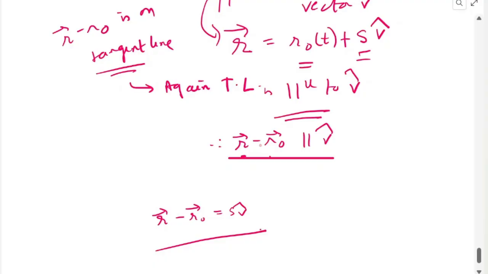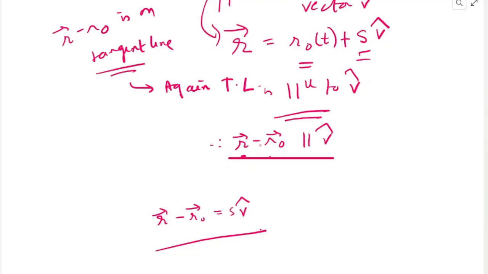This will give you the equation of the tangent line; direction we have already got as V. Let me write it properly, V. So this will give you the equation of the tangent line.